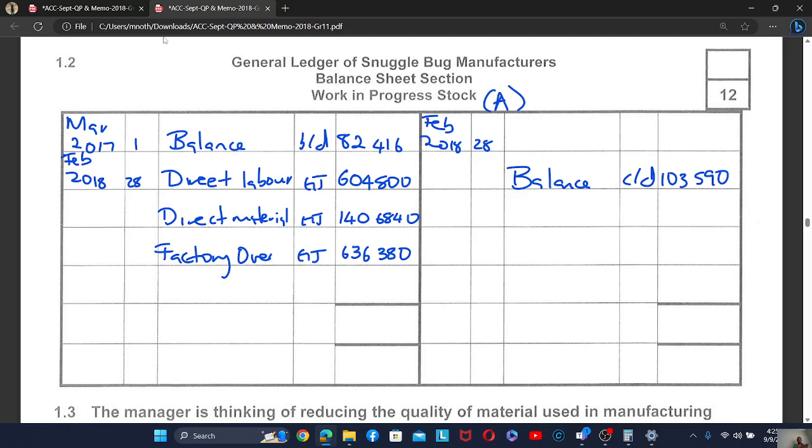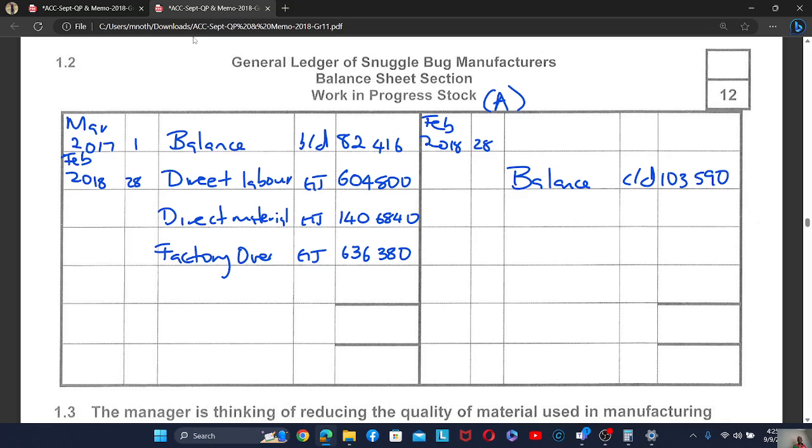When we are sending them to the finished goods, the work in process stock is decreasing because the goods are leaving the work in process.